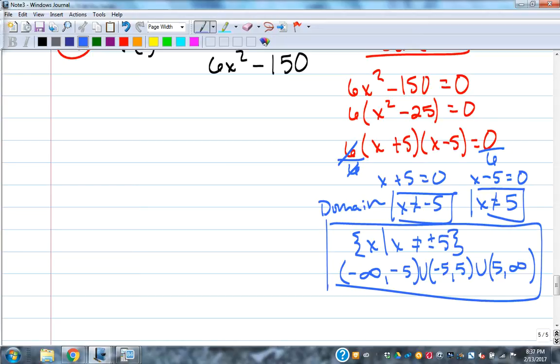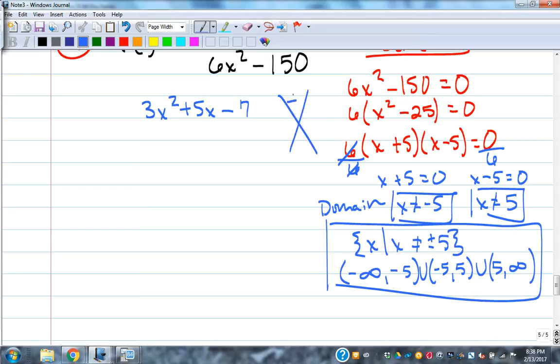The next thing we should try to do with each rational function is do what? Simplify. In between domain and vertical asymptote is the simplify step. You try to do it. Doesn't mean it'll work. Doesn't work every time. Doesn't work a whole lot, but you do have to try. Okay, so we're going to try to factor the numerator, 3x squared plus 5x minus 7.